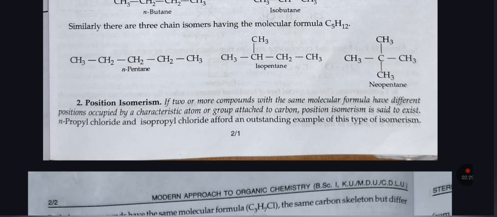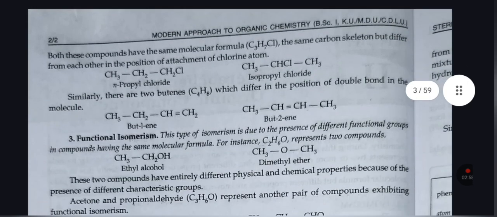Position isomerism. If two or more compounds with the same molecular formula differ in the positions occupied by a characteristic atom or group attached to the carbon, position isomerism is said to exist. n-Propyl chloride and isopropyl chloride afford an outstanding example of this type of isomerism.